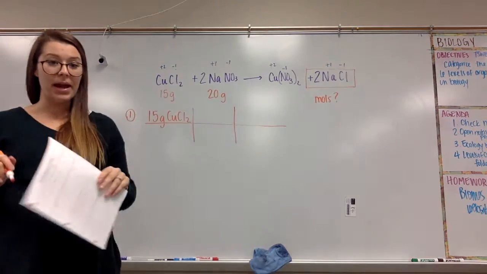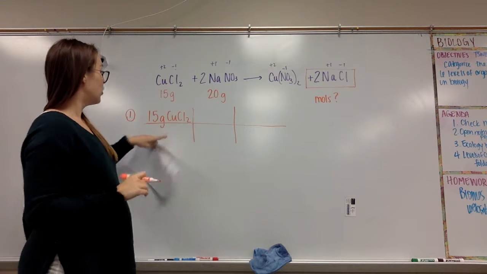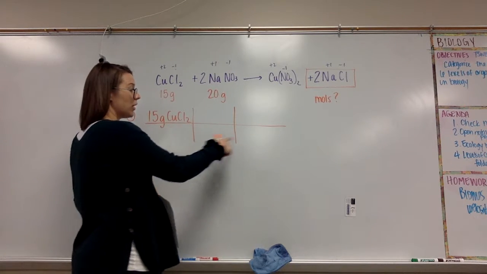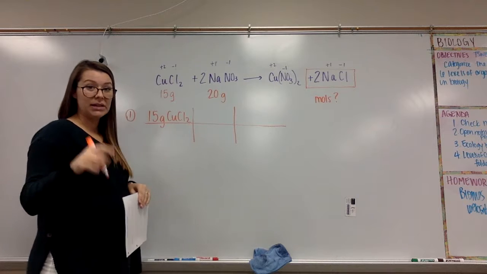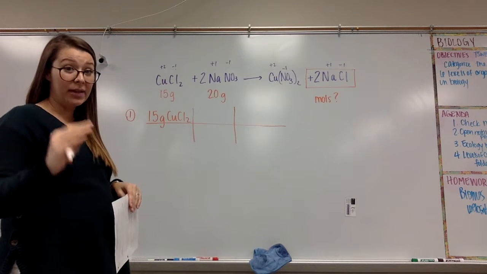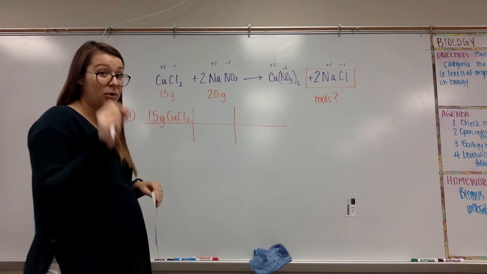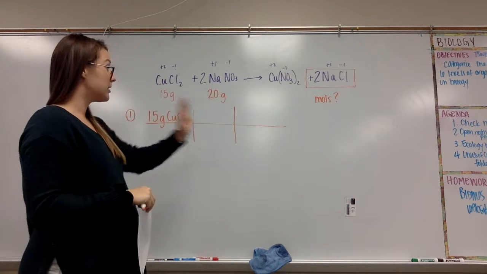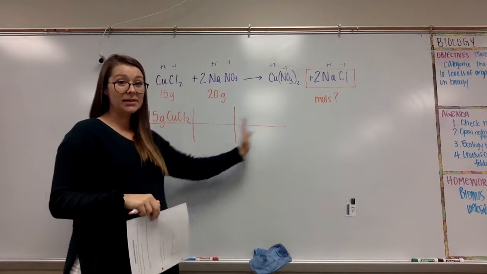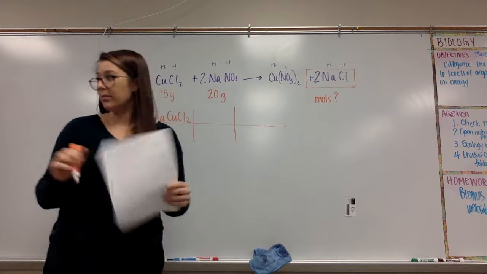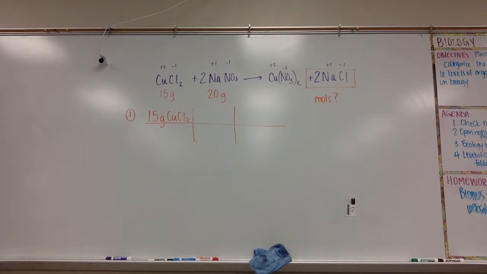So first step, I am going to take molar mass of copper 2 chloride and then mole ratio, because my grams to moles problem tells me on my mole wheel, I use molar mass, then mole ratio. Now let me grab my calculator really quick.